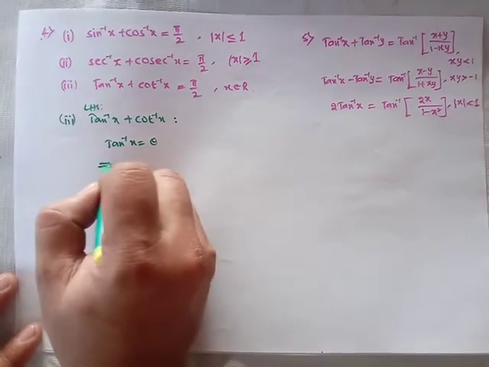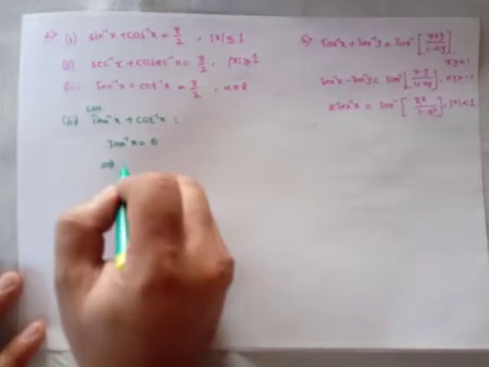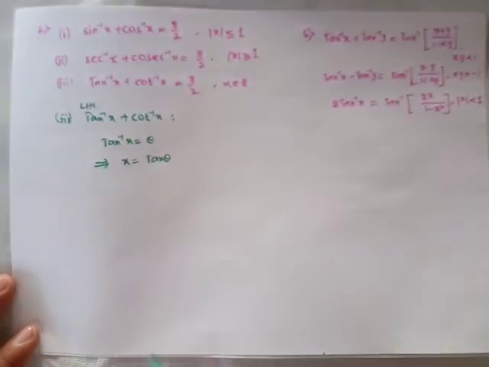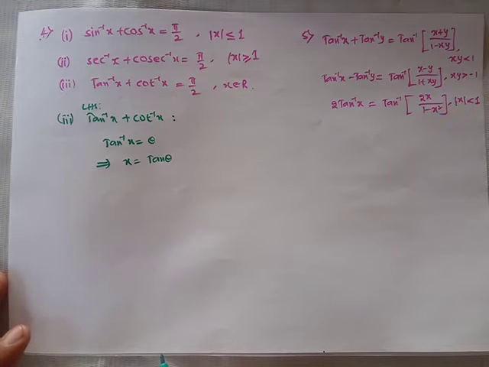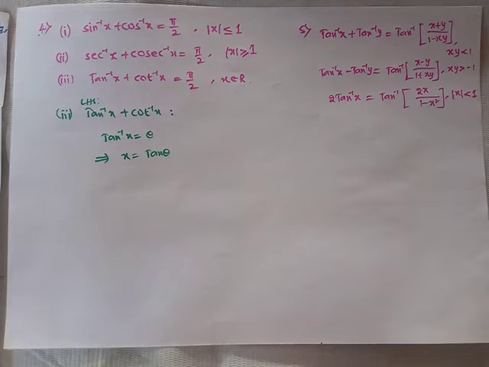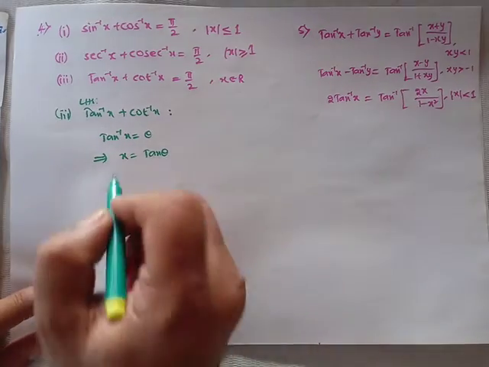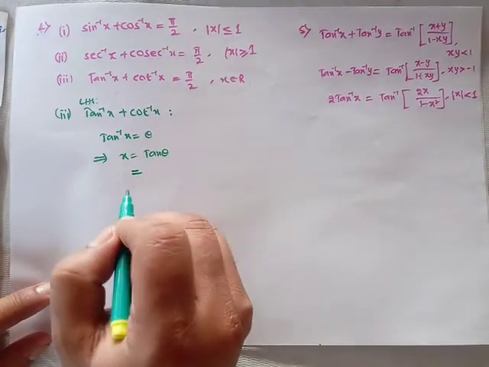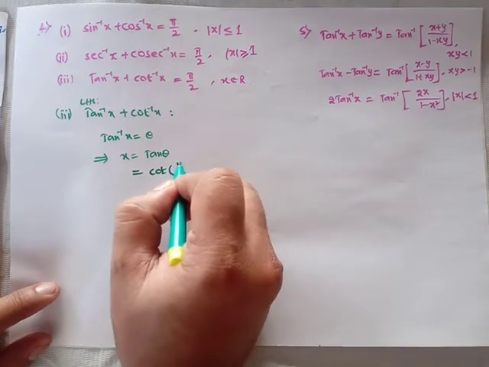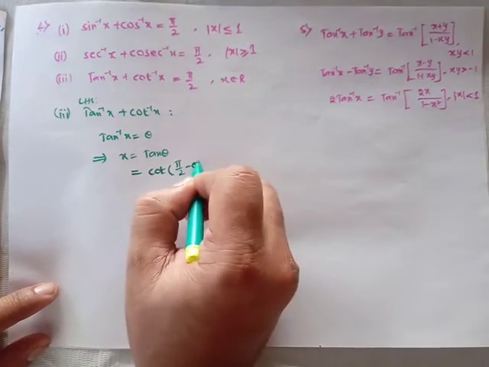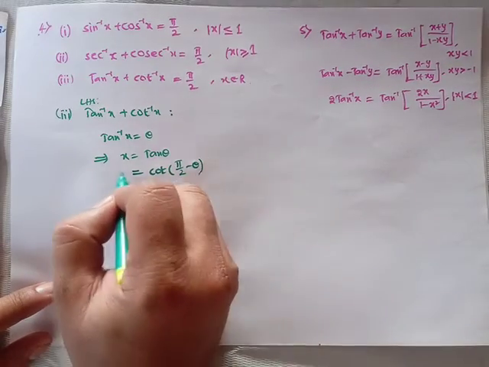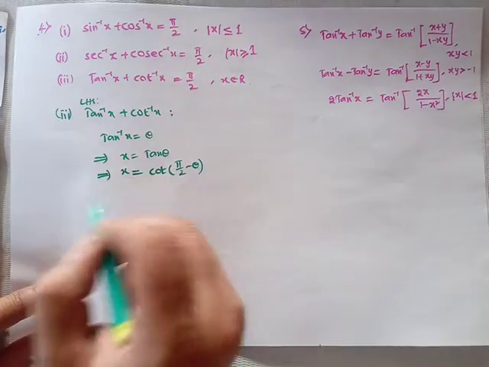Then tan inverse will go to the right hand side, then x is equal to tan theta. Write this tan theta in terms of cot. So it can be written as cot 90 minus theta. Tan theta is equal to cot of pi by 2 minus theta. This is the value of x.